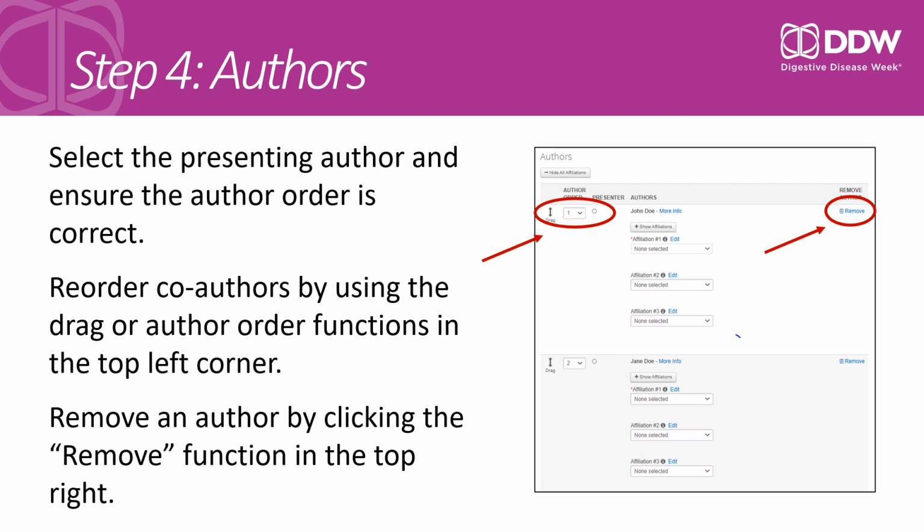You now have the option to change who is listed as the presenting author by using the radio dial button in the Presenter column. Additionally, make sure the author order is correct and renumber as needed using either the drag or drop-down options in the top left. If you need to remove an author, click the Remove button to the right of the person's name. When your author string is complete, click the Save and Continue button at the bottom of the screen.